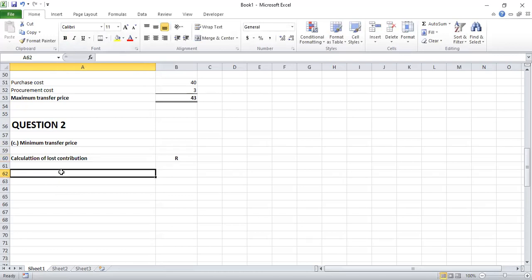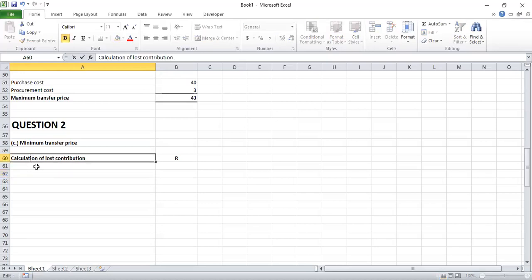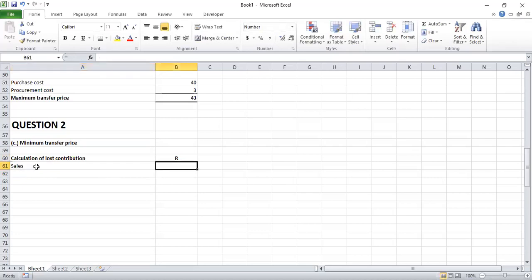As long as we are sacrificing part of our external market, we have to determine the lost contribution. So as I said before, if there is excess capacity, you don't have to calculate the lost contribution. Right. If we say sales, we are given 8.8.